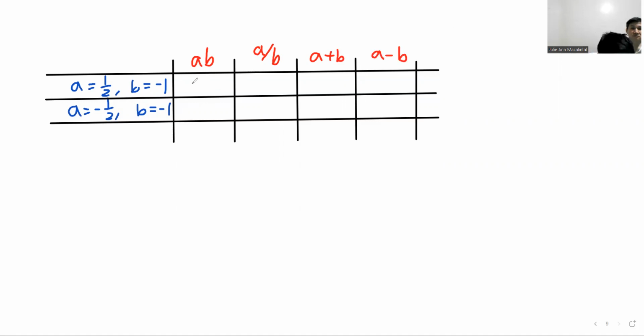For AB, this is negative 1/2, then negative 1/2 again, negative 1/2 again, but this time finally is 3/2. Okay, and then it is positive 1/2. I'm emphasizing the positive on this. This time is negative 3/2, and then this one is positive 1.